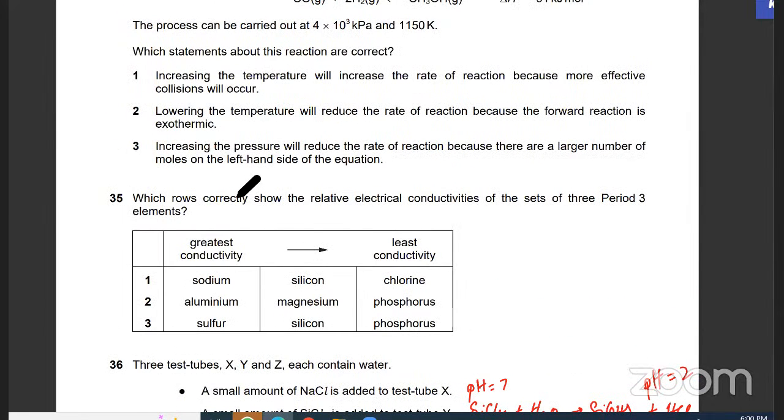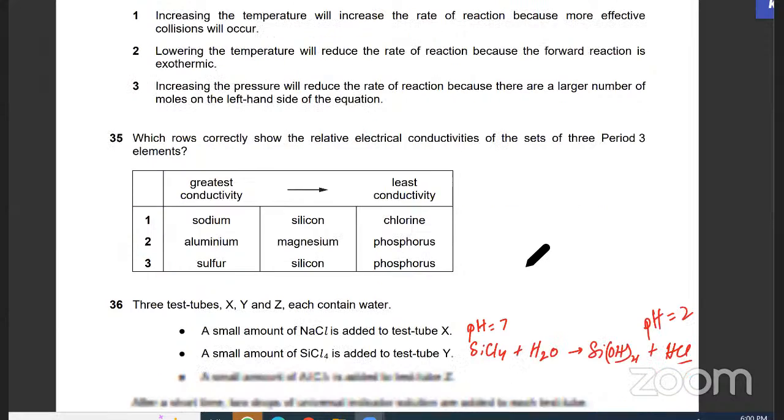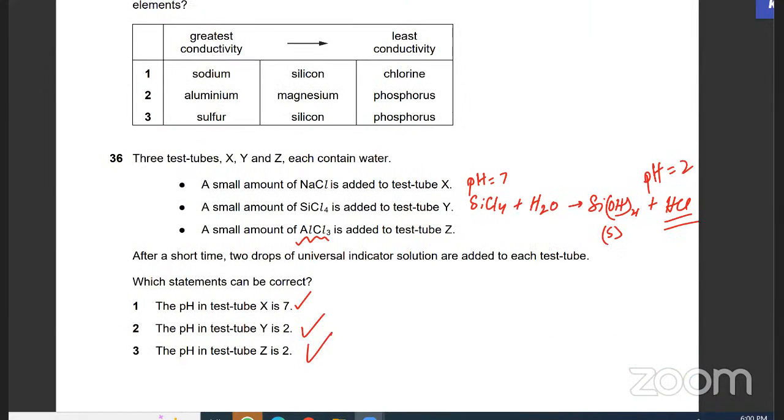So which row correctly shows it? I didn't get to HCl plus SO2. It's this one. Let me open this.